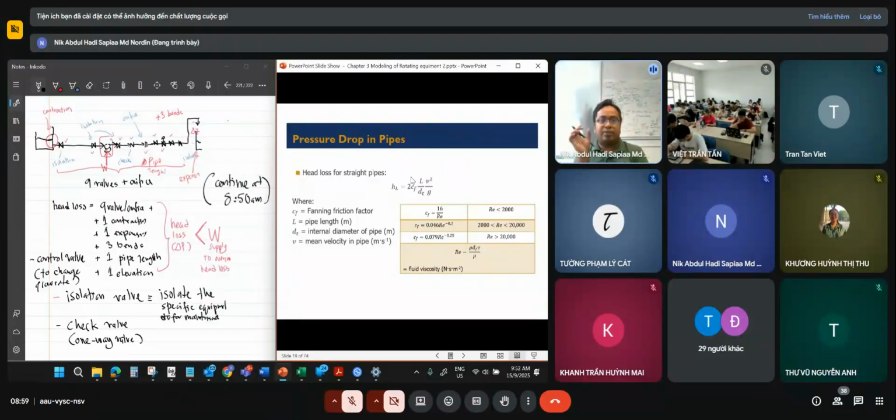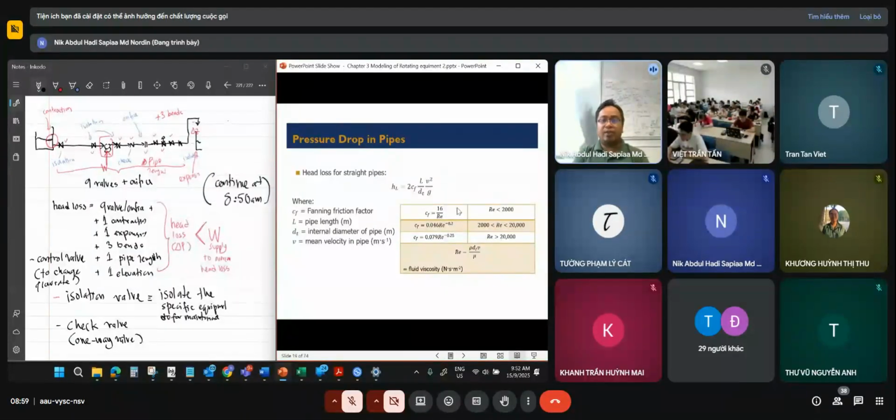To calculate the friction factor, we need to understand the flow behavior of the liquid. So to understand the flow behavior, we need first to calculate this Reynolds number. For different flow behavior, we have a different friction factor equation to be used.